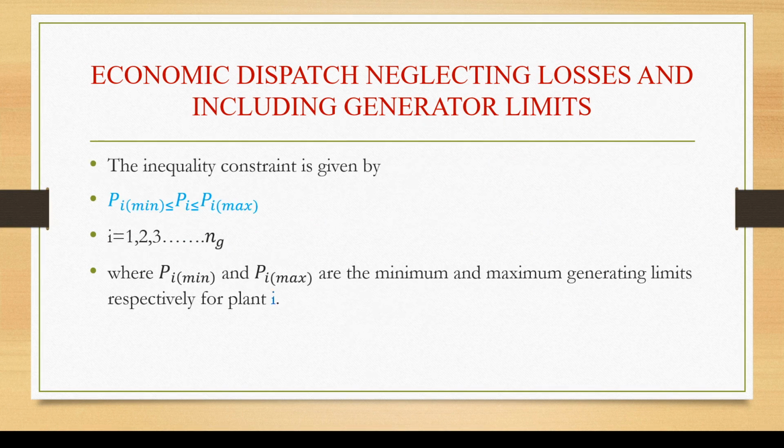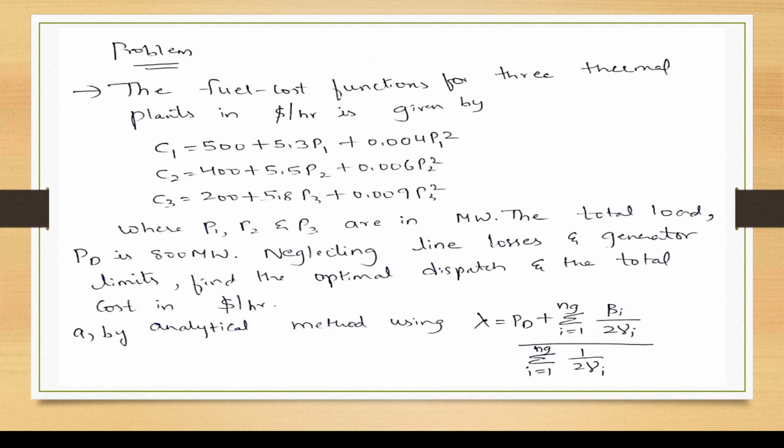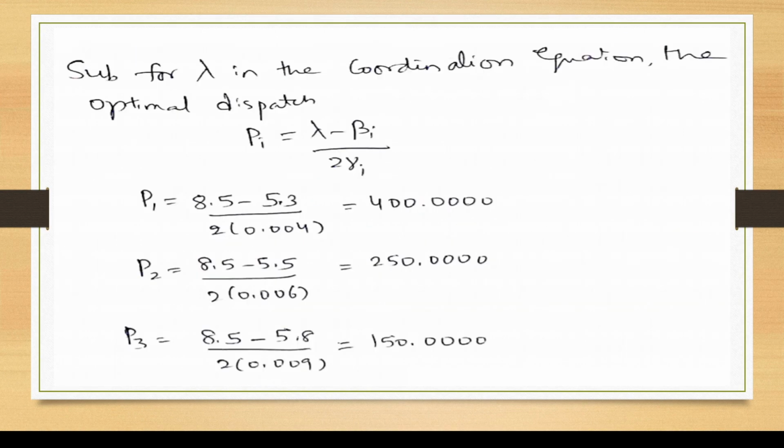Including generator limits, we take into consideration the inequality constraint, and the generation should lie between the minimum and maximum limits. Then we solved a numerical problem based on this topic.